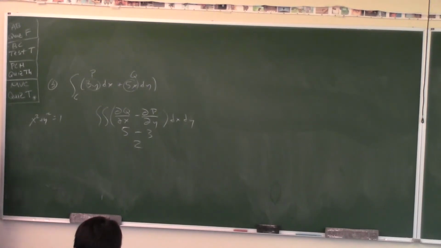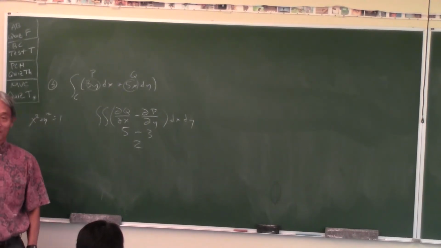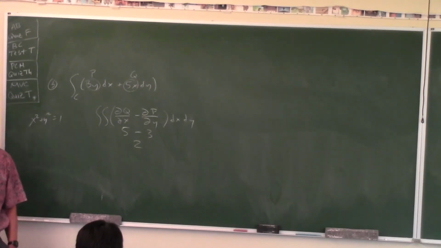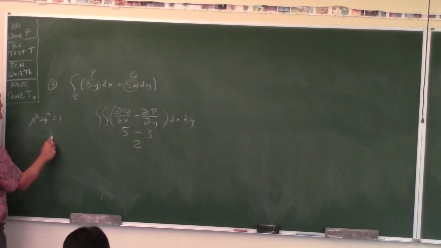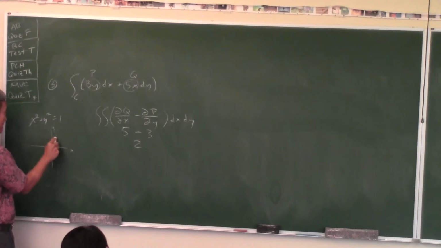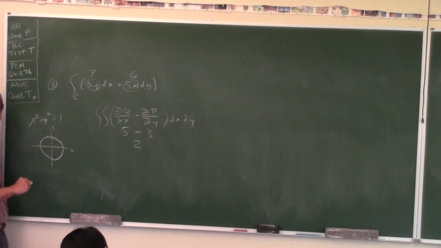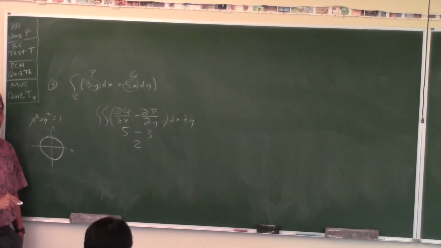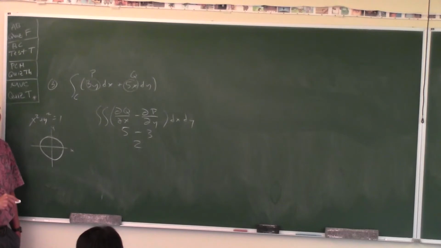No, it's not omega, it's a curve. We're going over the circle counterclockwise like this. The circle's area is pi, so pi times 2 is 2 pi.